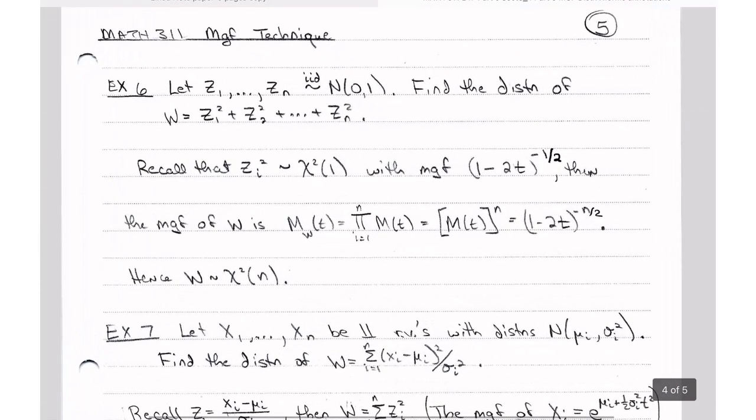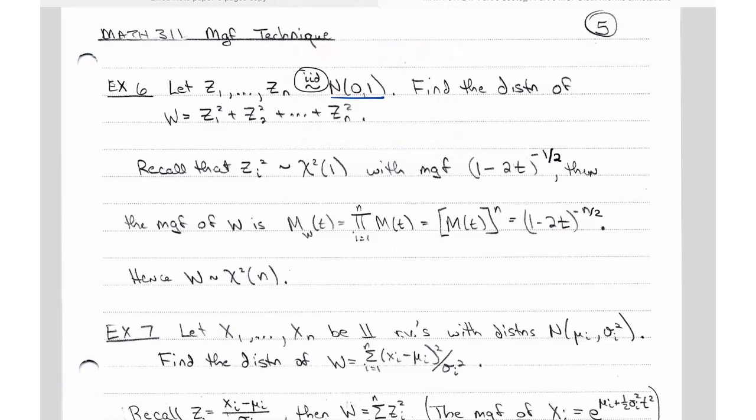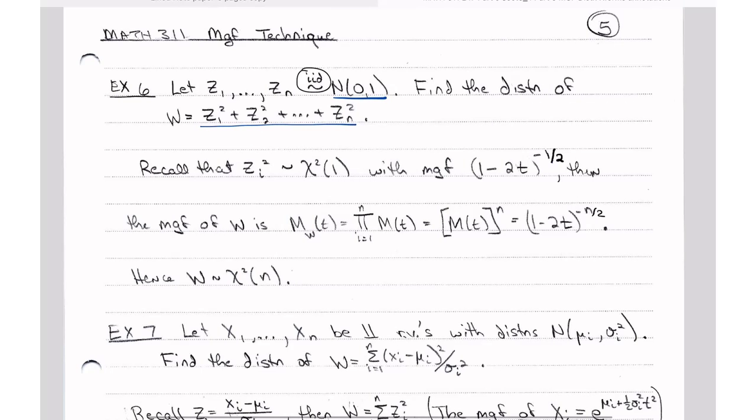So example 6, we have n IID standard normal random variables, and we want to find the distribution of the sum of Z squared. Now, we learned earlier that if Z is a standard normal distribution, then Z squared has a chi-squared distribution with 1 degree of freedom.